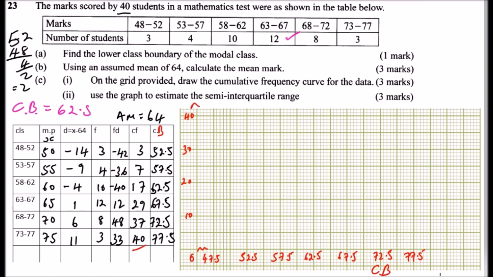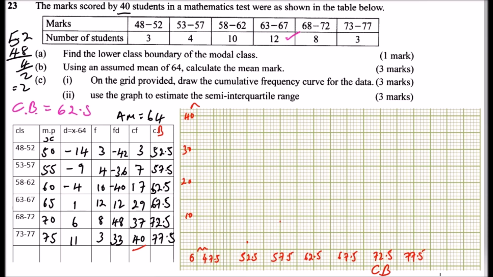So we start with 52.5. The cumulative frequency is 2. So we can come and get our point 2 is there. At 57.5, cumulative frequency is 7. So our 7 is there. Then at 62.5 we have 17.